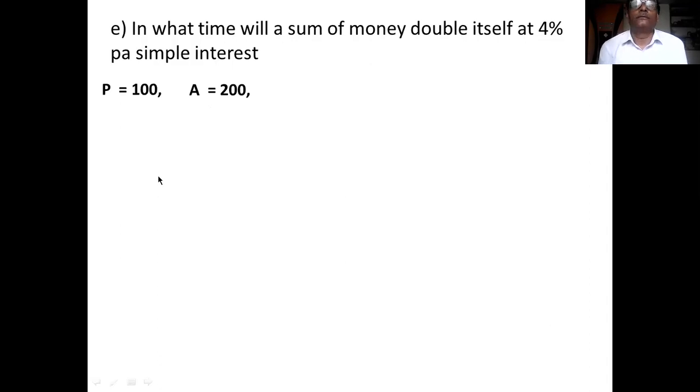Am I right or wrong? Suppose you deposit 100 rupees in a bank, it will double. It will double means the amount will become 200. Clear? Any doubt?